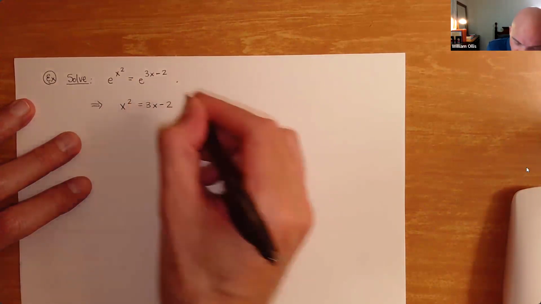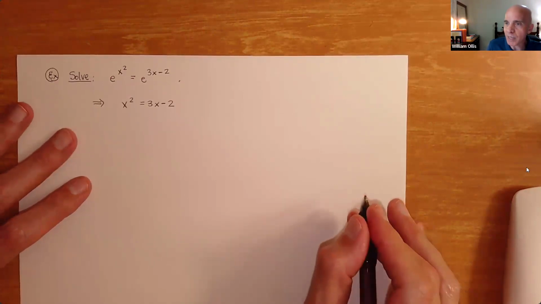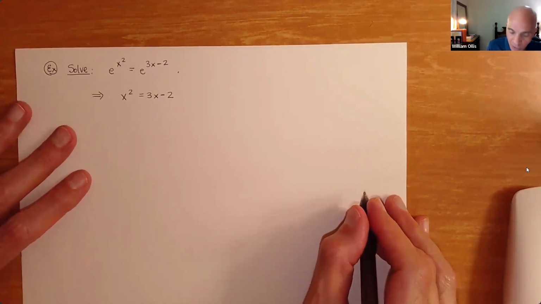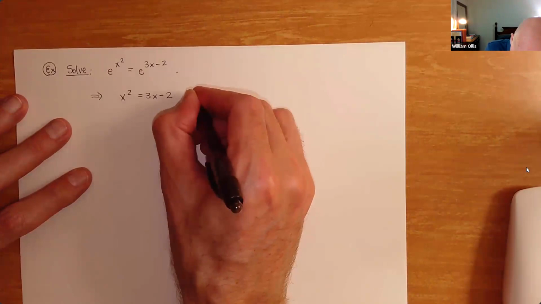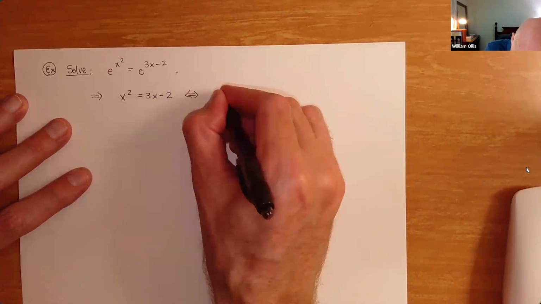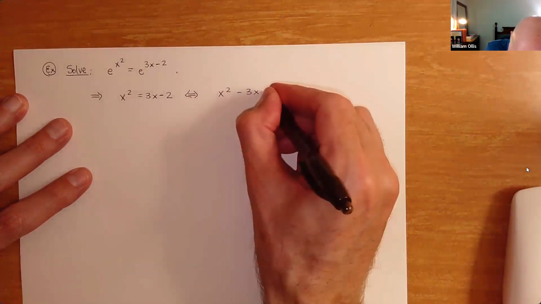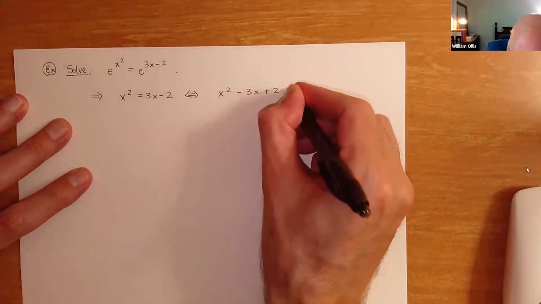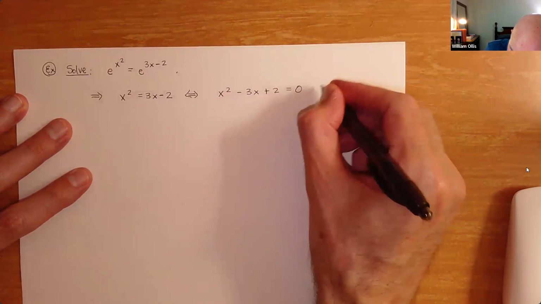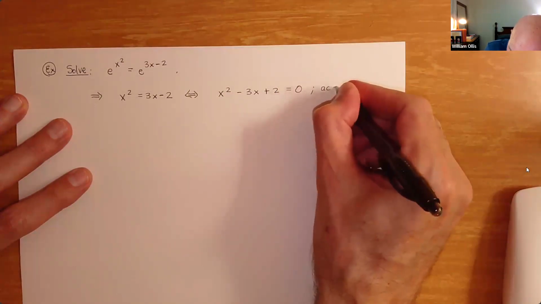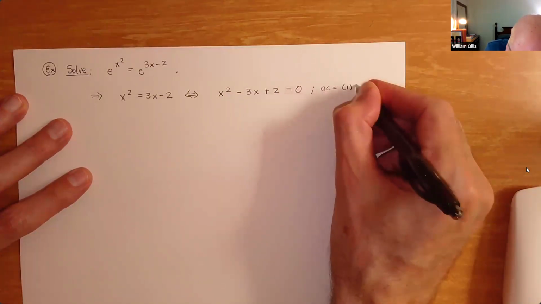Now, of course, this transports us back to the first week where we were solving quadratic equations. So now let's go ahead and transpose. So we have x squared minus 3x plus 2 equals 0. Now, of course, what we can see, AC is just 1 times 2.